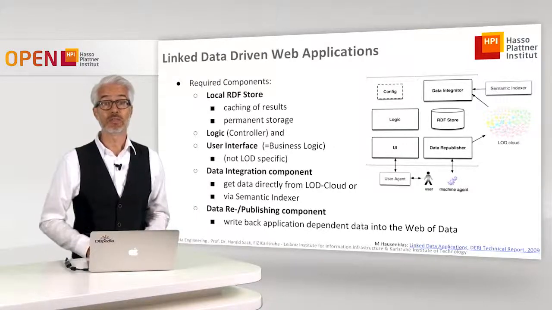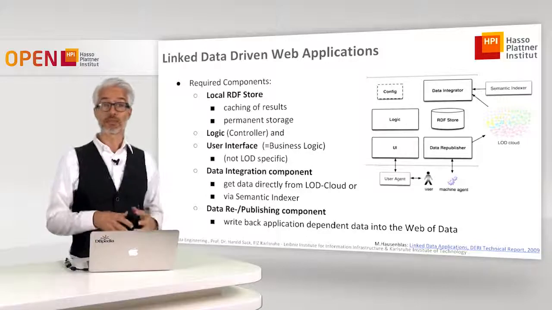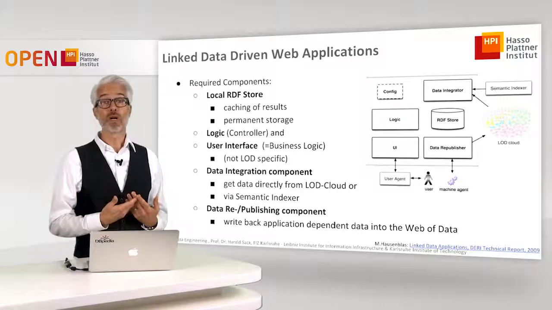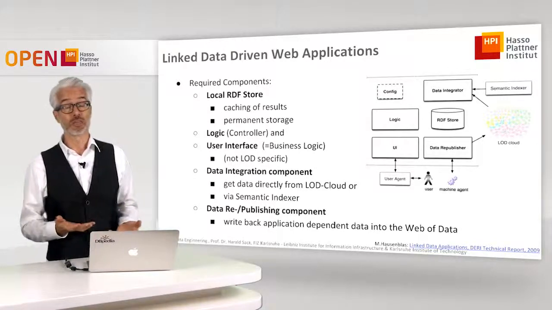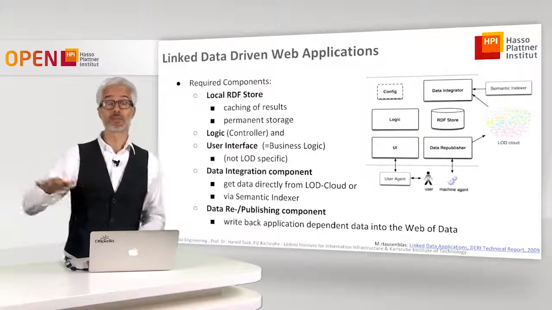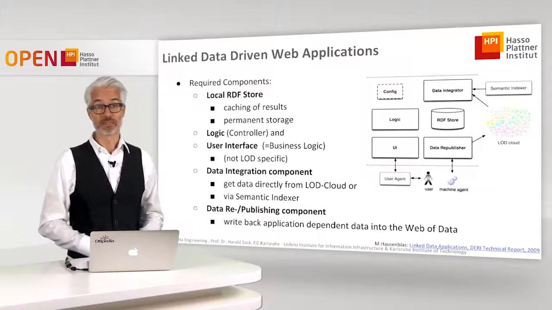Therefore you need this integration component. Besides the direct access, there is also the possibility to look up data at some semantic indexer, like a semantic web search engine, which then relays you to some kind of linked open data set.